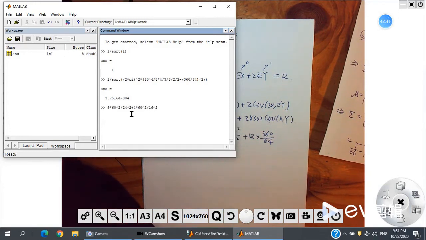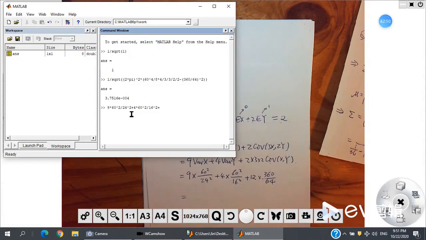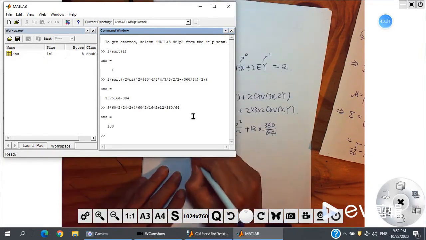And then plus 12 times 360 over 64. Okay, I have these three terms, right? Double check. 9 times 60 square over 24 square plus 4 times 60 square over 16 square plus 12 times 360 over 64. Oh, it's 180. Okay, we have this is 180.